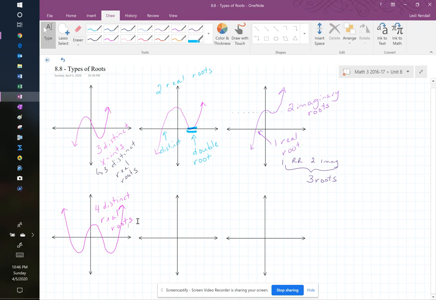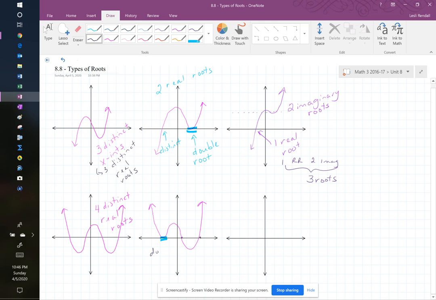Is there any way that we could only have 3? So could we maybe, let's think here, if we do a double, and then we come back down. So here's our double root. Here are 2 distinct roots.